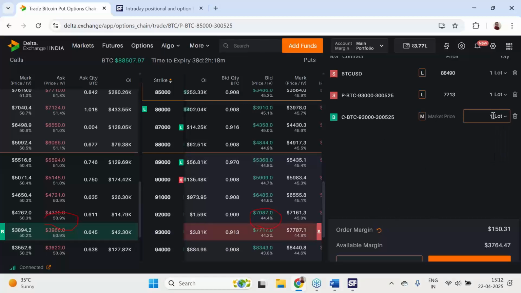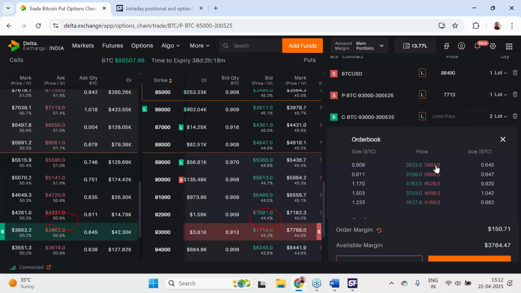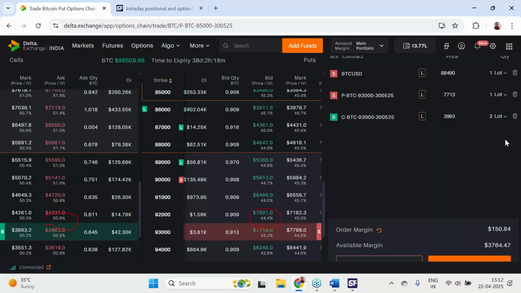That is two lots I can buy, and that too at 3,946, which is almost 8,000 less by 80 rupees, 7,920 I can get it, and 7,700 I am receiving. So do remember, you should not receive more, 3,000, 4,000, 5,000. You should not pay more also. That should be the idea.